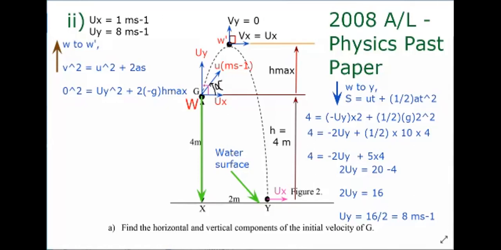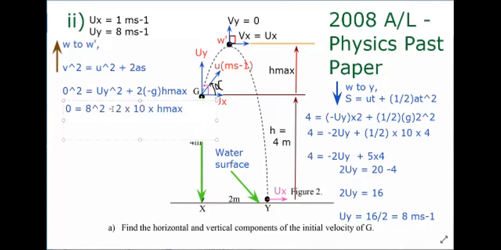So square of 0 is 0. It's nothing. Uy, we have found it as 8, so we should get the square of 8. Here we have minus g, plus 2 into minus g, which is minus 2 into 10 into H max.